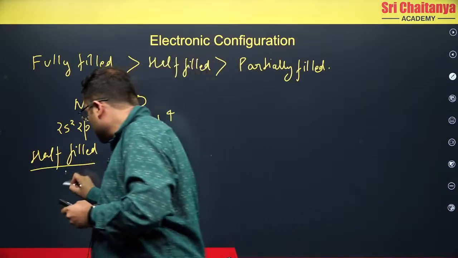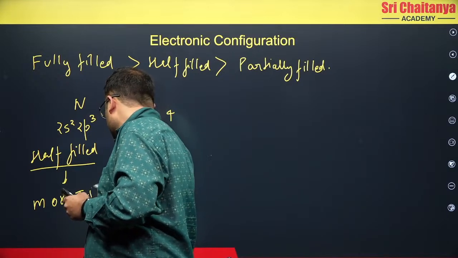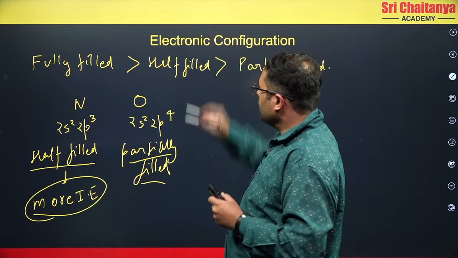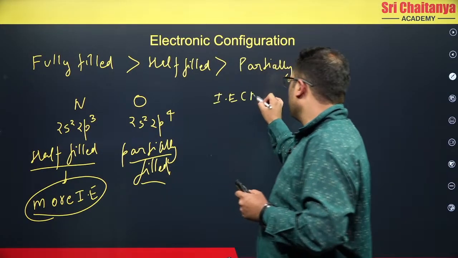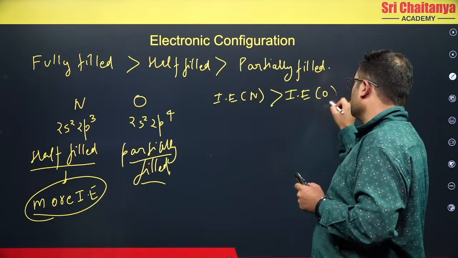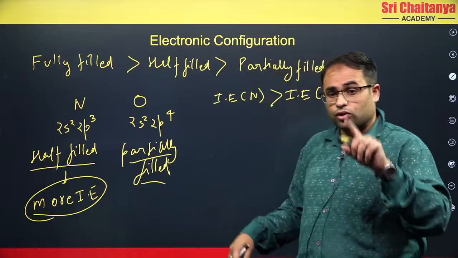So because it is stable, you will require more ionization energy, right? So I can say that ionization energy for nitrogen will be more than ionization energy for oxygen, simply because nitrogen has a half filled configuration.